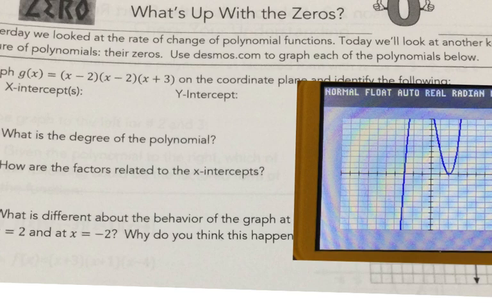If the multiplicity is 3, 5, 7, 9, it snakes at that x-intercept. So again, let's just identify the x-intercepts were at 2 and -3. The y-intercept, could we see where the y-intercept was at on our graph?